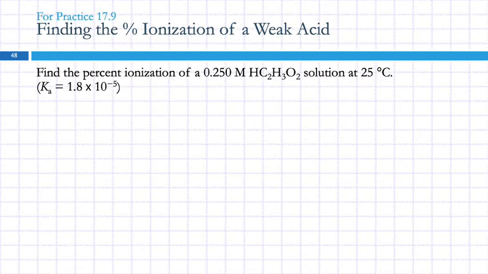Let's calculate that. Find the percent ionization of a 0.25 molar acetic acid solution at 25 degrees Celsius. Ka is 1.8 times 10 to the minus 5. I don't feel like writing all those letters, so I'm just going to nickname it HA. HA ionizes to make H plus and A minus.